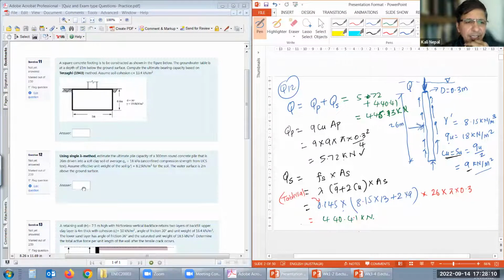For example, if the correct answer is 450 kilonewton, I'm just giving an example, an answer from around 320 to 370 should be correct, right? Because the values we take from tables are sometimes slightly different. So the system considers answers correct within some range, like 5% or 2%, depending upon the type of problem.